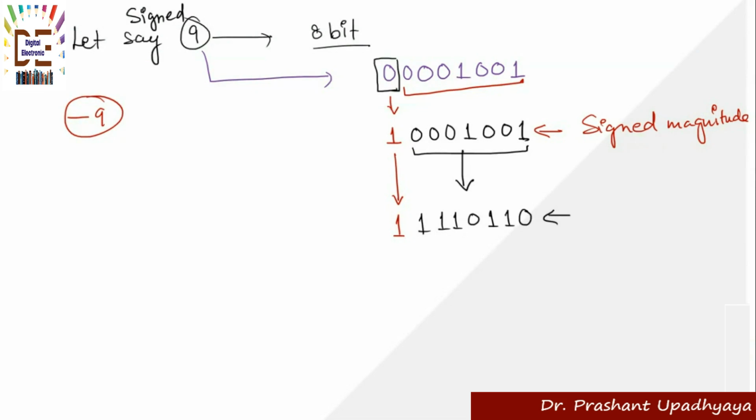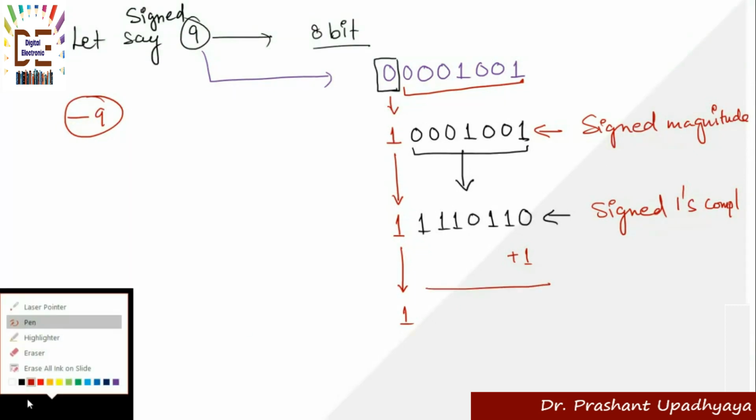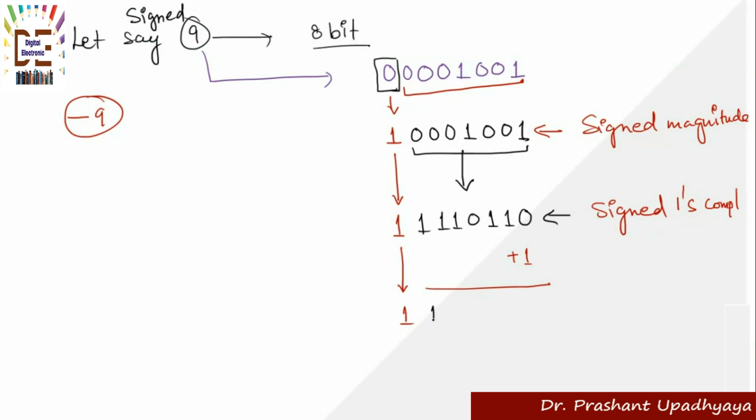This will be the representation of minus 9 in ones complement, the signed ones complement. And if I add plus 1 to this, I copy this one here and add plus 1, and I get 1110111. This will be the signed 2's complement.